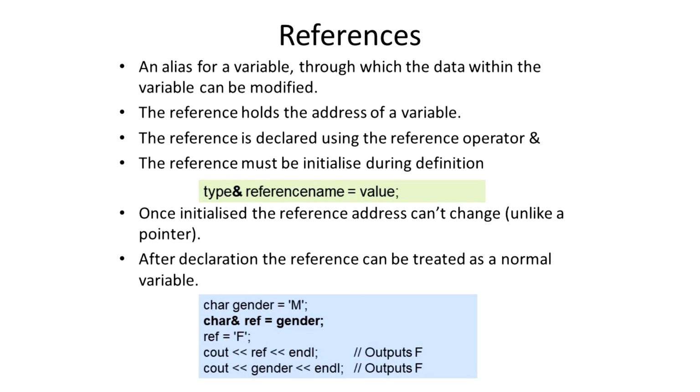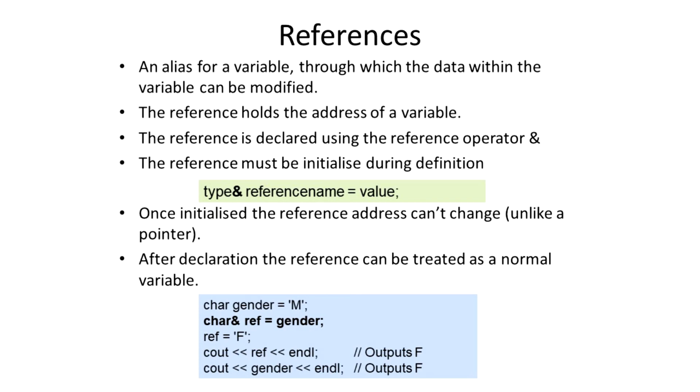The syntax for declaring that alias in the parameters is the same as declaring a reference variable outside of the parameter list of a function, which you'll see in the blue box here, where you have a reference operator after the data type for a reference variable. In the first line of the blue box, you set up a character variable.